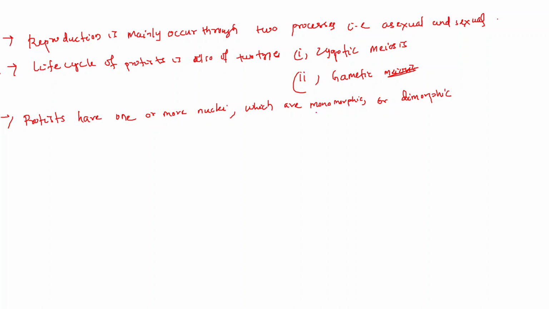Monomorphic means only one type of nucleus is seen. Dimorphic means di means two, morphic means morphology.